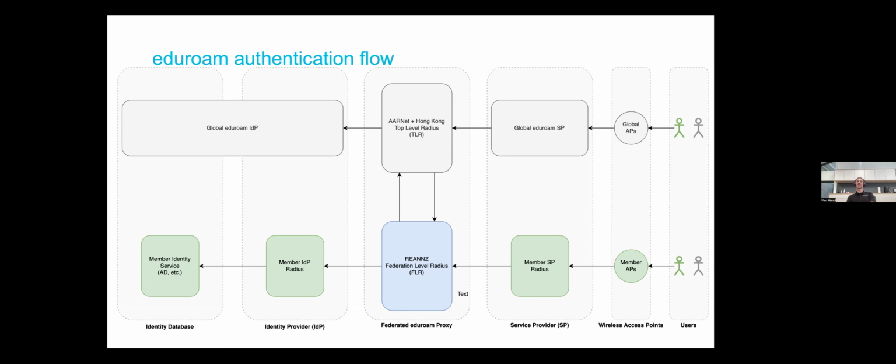Just to follow this diagram through, when it's an overseas user, from the federation level RADIUS, it goes up to our regional partners, which are RNet in Australia and Hong Kong. And from there, it can connect to global eduroam and then follow a similar hierarchy down to reach a member IDP in a national federation.